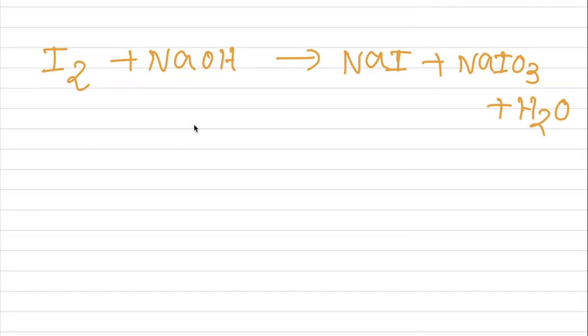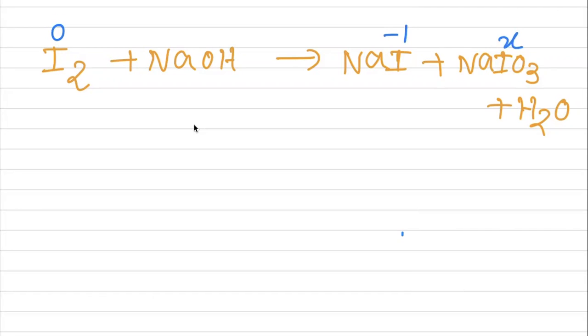Now we have to find out the oxidation and reduction process. Here, iodine is in the 0 oxidation state. In NaI, iodine is in the -1 oxidation state. And in NaIO3, we have to find out the oxidation state of iodine.